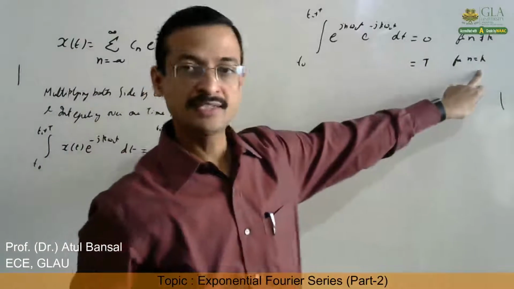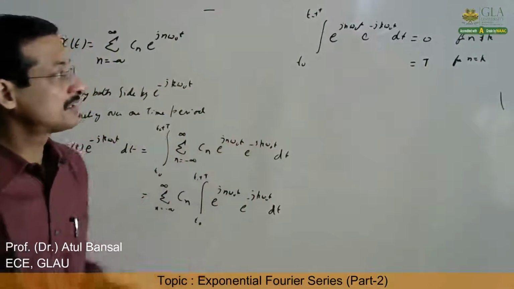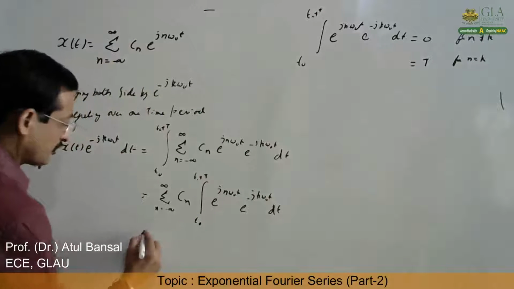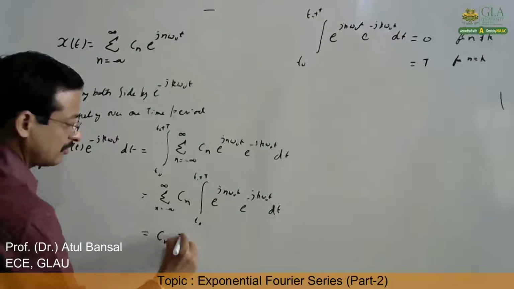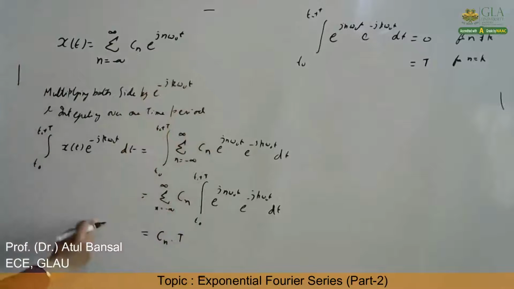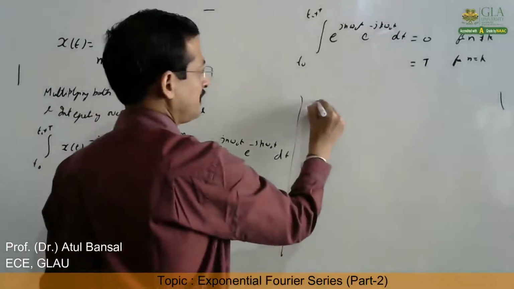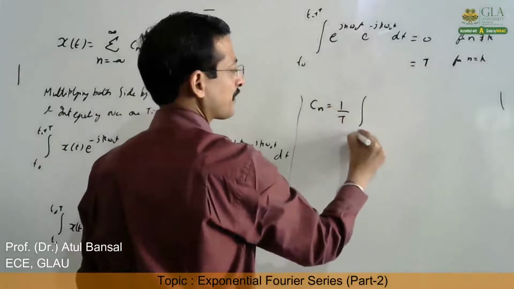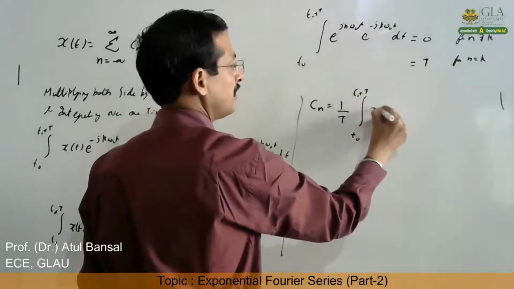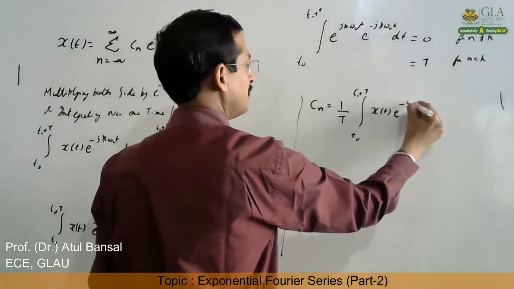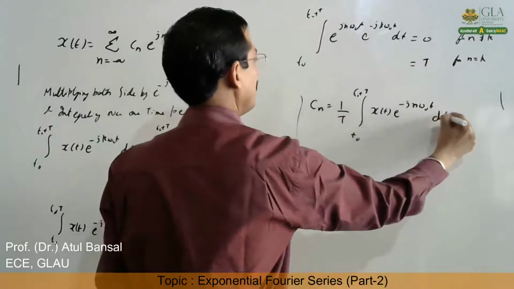Only at one place, that is n equal to k, this is T. So we can write it as Cn into T. Now because n is equal to k, on the left hand side also we can write the integral from T0 to T0 plus T of x(t) e raised to power minus j n omega naught t. So Cn comes out to be 1 by T times the integral from T0 to T0 plus T of x(t) e raised to power minus j n omega naught t dt.